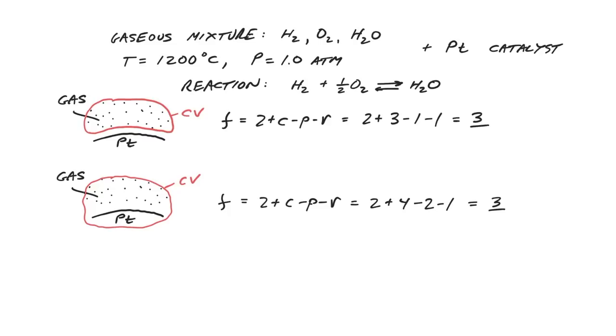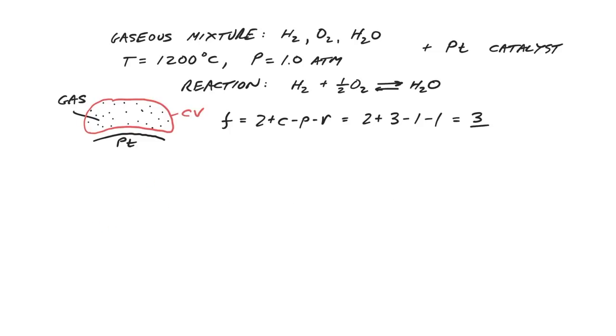This is telling us that the presence of the catalyst doesn't impact the number of degrees of freedom in our system. We still need to define 3 phase-intensive properties to define the thermodynamic state. We've already defined two of them, temperature and pressure. So what's the third? Well, as we've discussed previously, intensive composition variables like mole fraction of a species in a gas are phase-intensive properties.